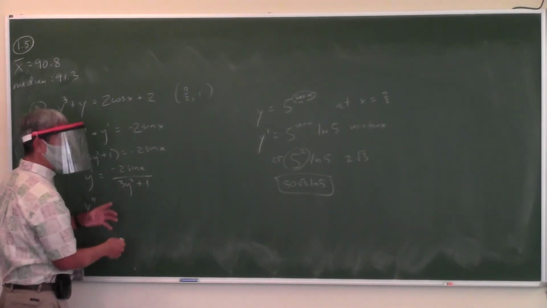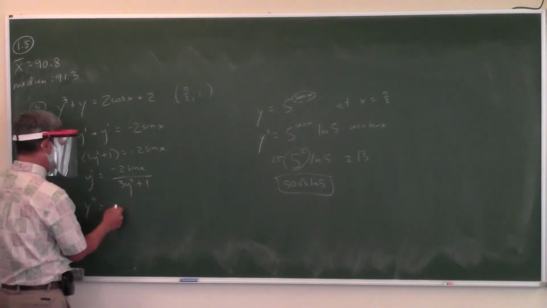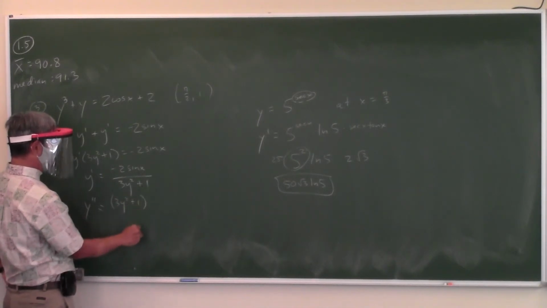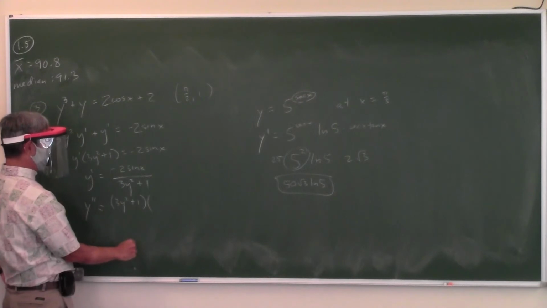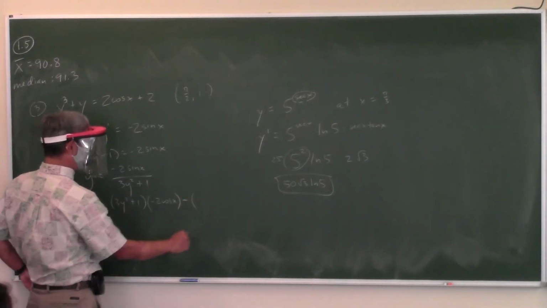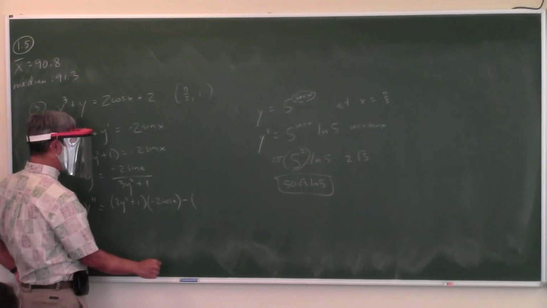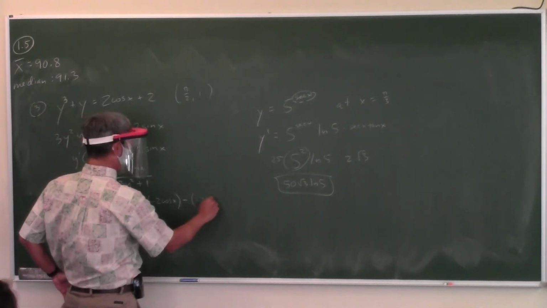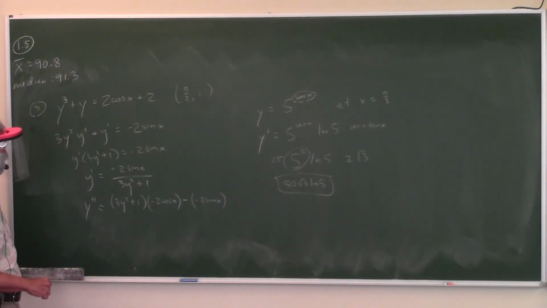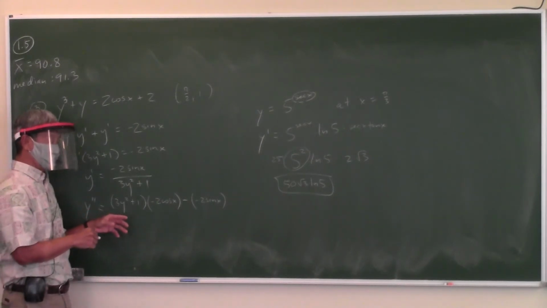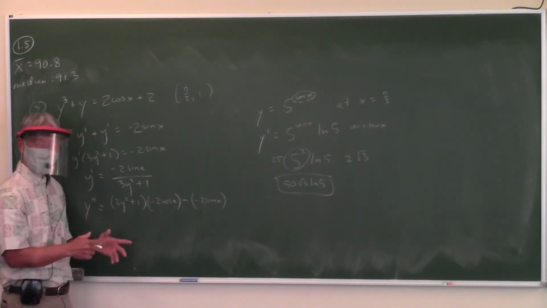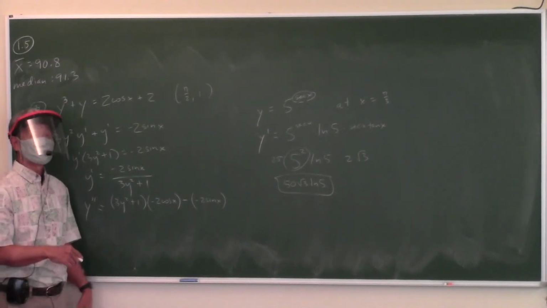That's called the quotient rule. Low D high minus high D low, all over denominator squared. I just take the derivative first.